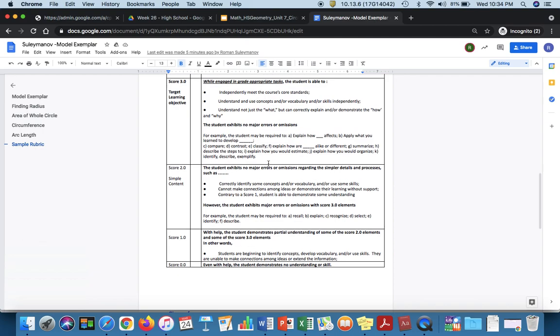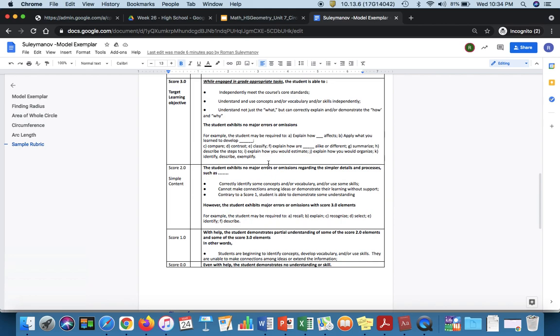A 2 would be a student exhibiting no major errors or omissions regarding the simpler details and process, such as correctly identifying some concepts and/or vocabulary, or some skills. They cannot make connections among ideas or demonstrate their learning without support.